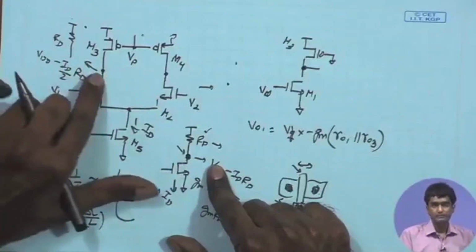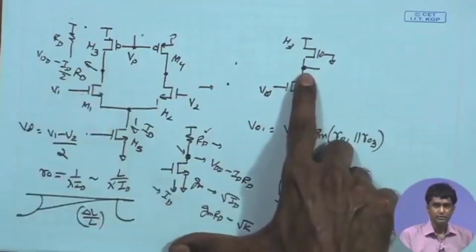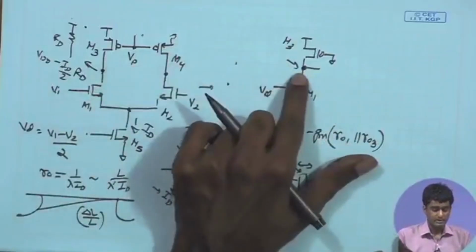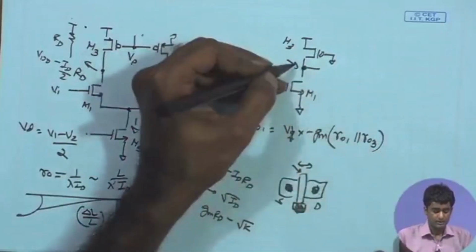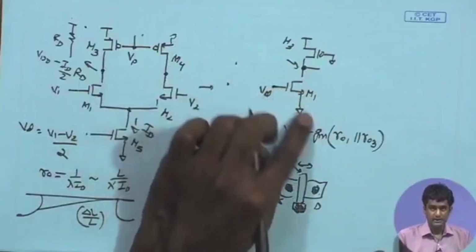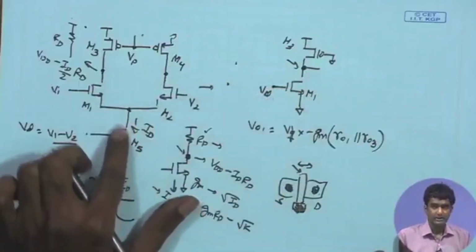Whereas if you go for the active load, there you know that the output DC bias point is primarily determined by the channel length modulation factors, because here what you are trying to do is establish a DC current in M1 with the help of the tail current source.